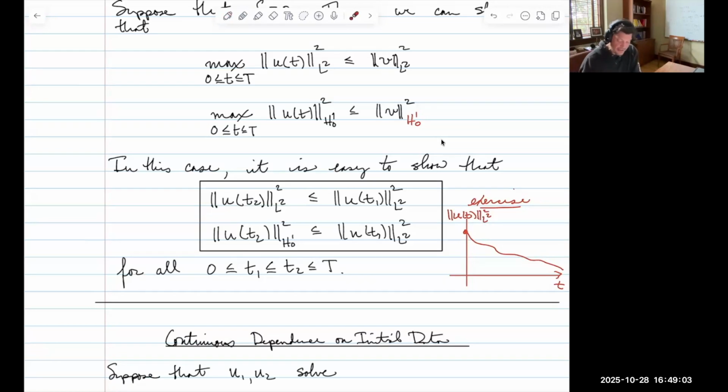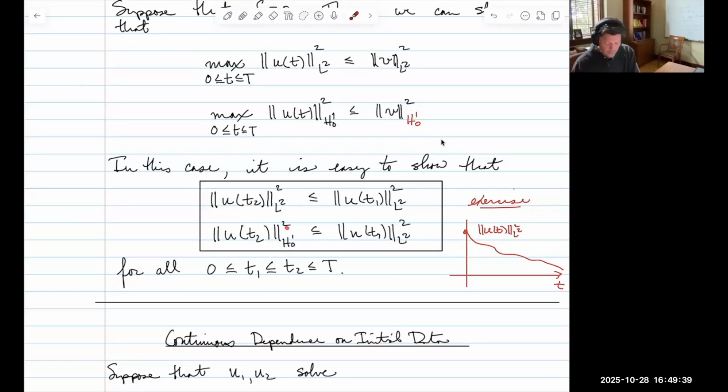So in that sense, it's like what's called a free energy of a system. It's being dissipated, it's going down in time. And so that's why we call estimates of this type energy estimates. Let's see if I can move that. There we go. So this quantity is getting dissipated in time. And a similar sort of analysis shows that the H1 semi-norm of U gets dissipated in time.